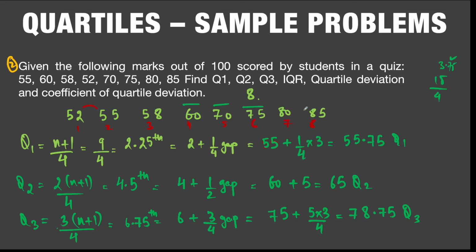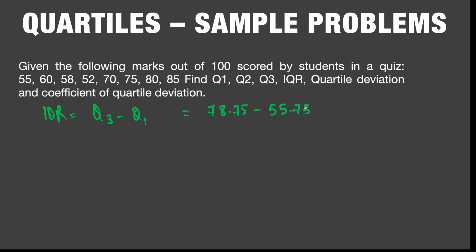Let me go back and confirm. The gap over here is 23, so 23 is the value of IQR. Quartile deviation is nothing but IQR divided by 2, which is 23 over 2, or simply 11.5.